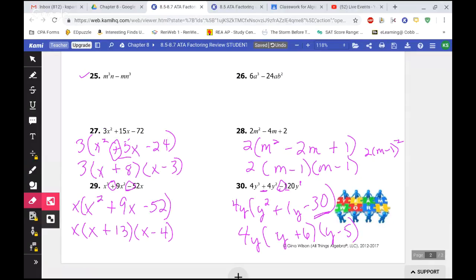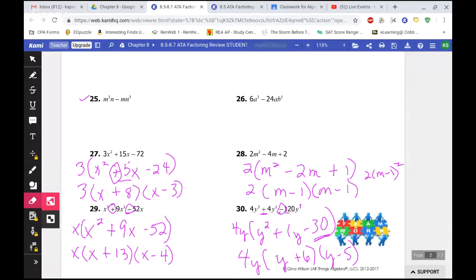All right. Now we're going to be looking for common factors for number 26. And we know with the two terms, what we've learned so far, once we factor everything out, we're going to be left with the difference of squares.